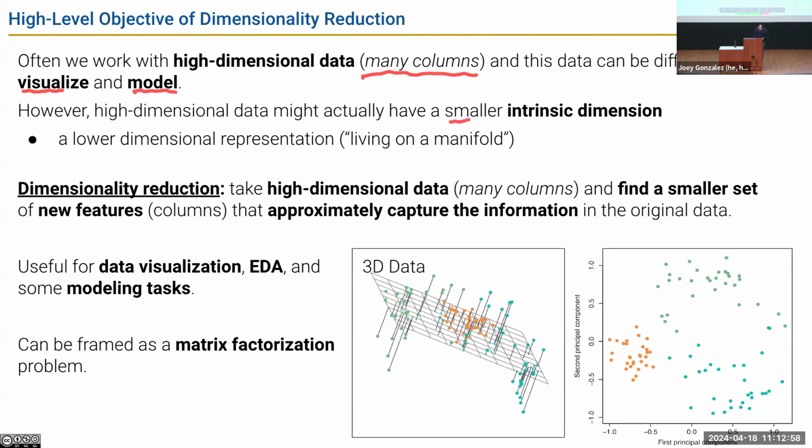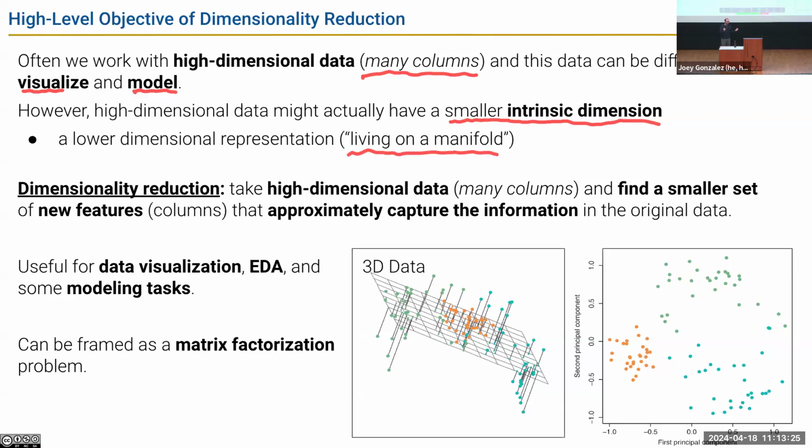Part of why we can do that is the world often isn't as high dimensional as the data would suggest. I measured all of these things, but I'm really just measuring something about a person or a shape or a product. And there's some intrinsic low dimensional space. Sometimes we use the word manifold, living on a manifold. Some low dimensional space in which our data lives. Wouldn't it be nice if we could have that?